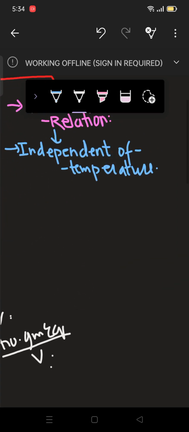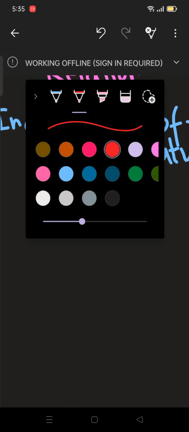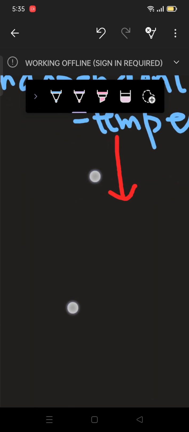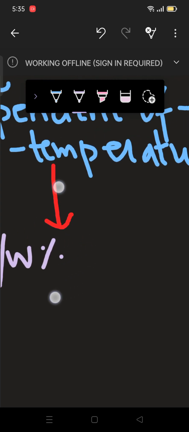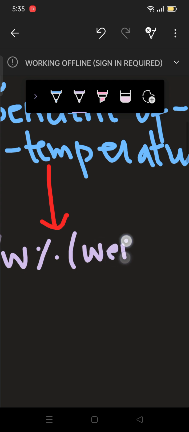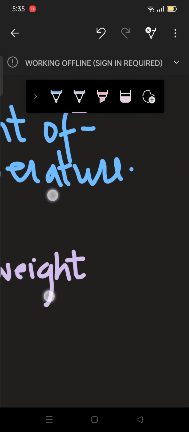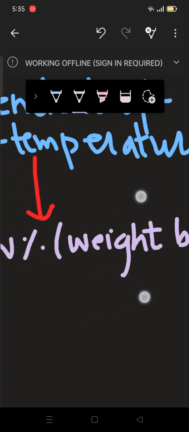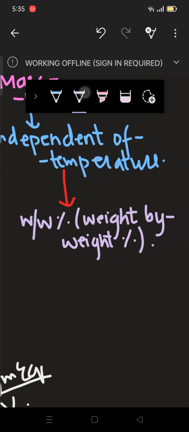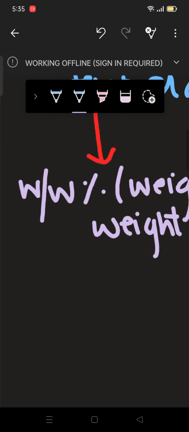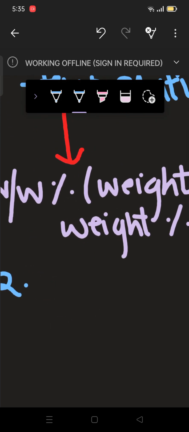But what we're going to study in the mass related, the first one would be, of course, weight by weight percentage. Second would be, of course, molality.